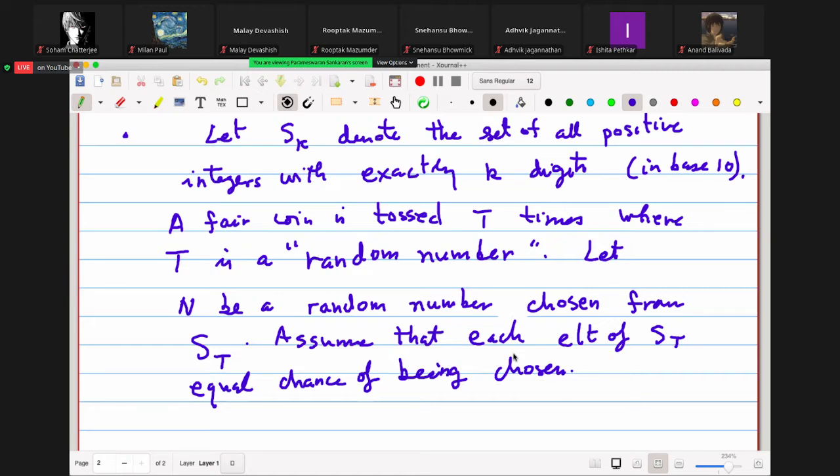It will have to belong to S_T for some T. Now, what is the probability? I don't like the way the book has worded it, but this is what he means. We pick a random element from S_T, each such element having equal probability. What is the mass function of N?